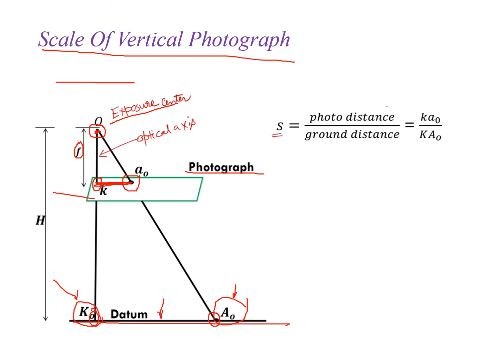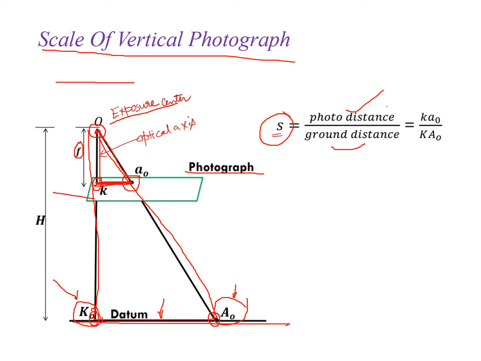Therefore, the scale of the photograph is the ratio of photo distance to ground distance. You can see this is one triangle, and this is another triangle.